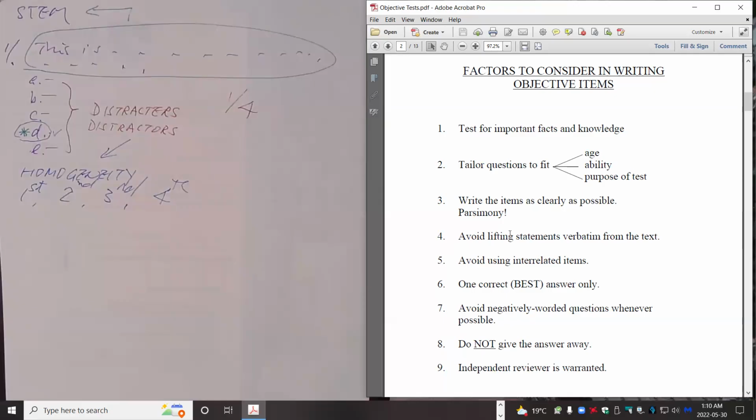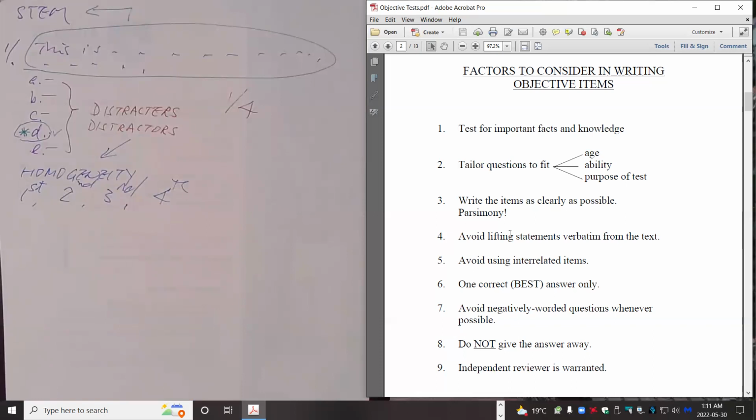Avoid lifting statements verbatim from the textbook. Why? Statements lifted out of context may lose most of their intended meaning, and the item may become ambiguous. So don't do that.